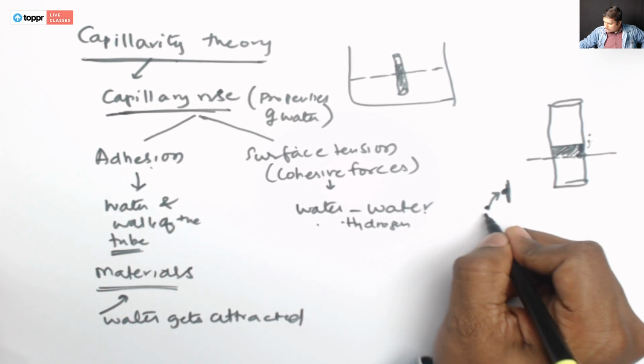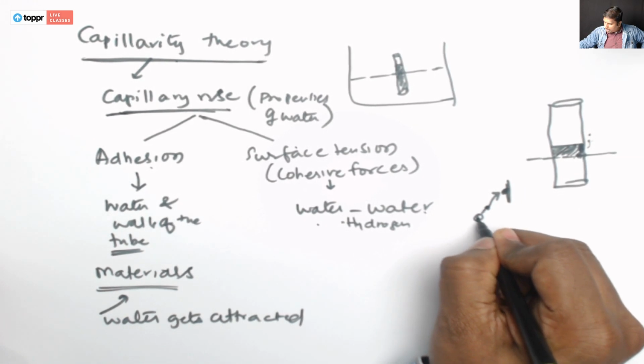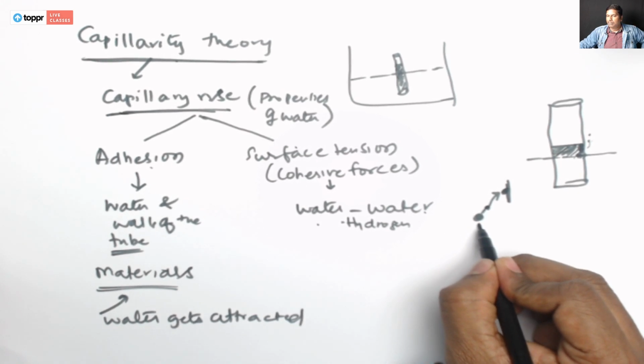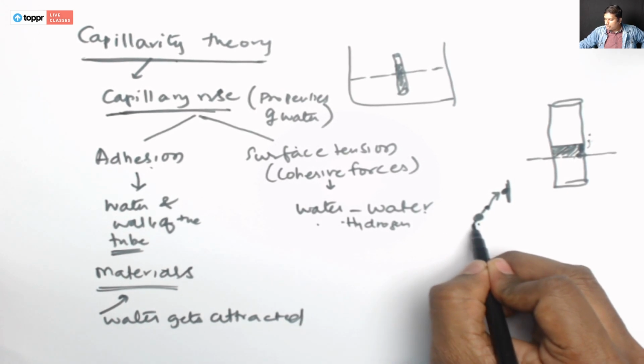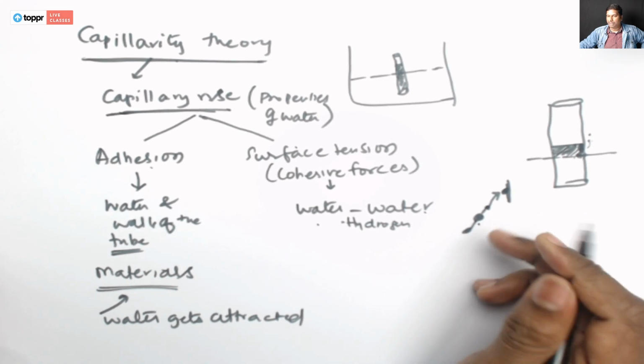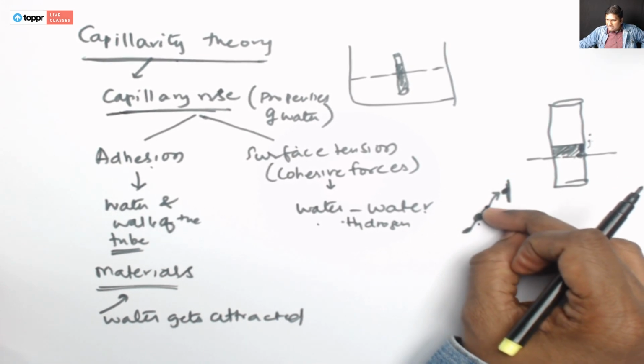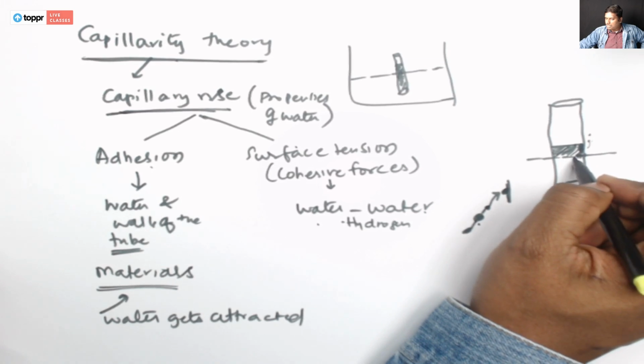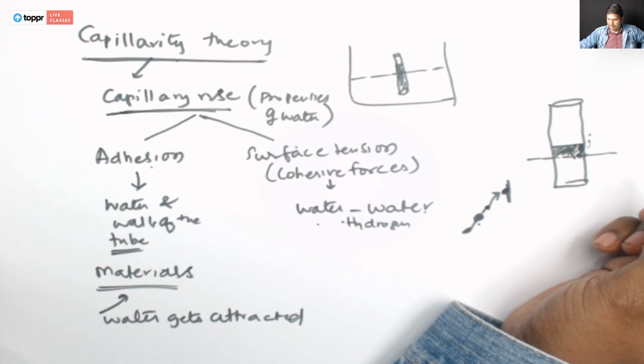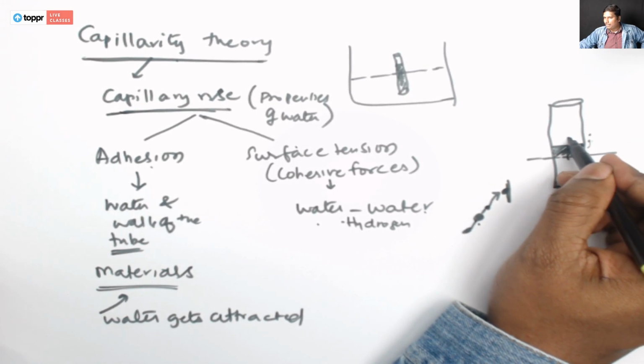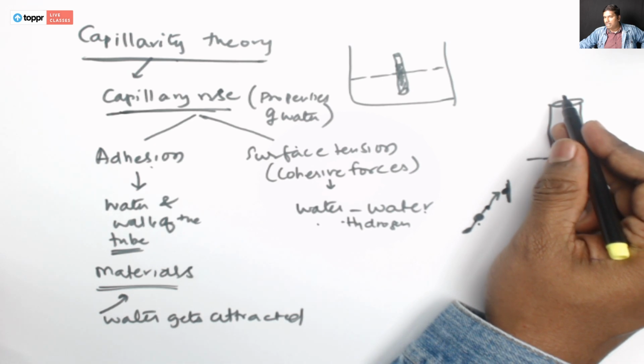In the process, it is pulling another water molecule which is bound to it, and this water molecule is pulling another water molecule bound to it. So this pulling is what is causing the water to rise. Now how far will the water rise? Will it be indefinite?